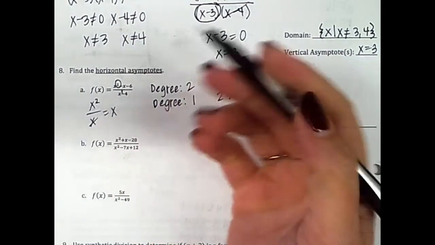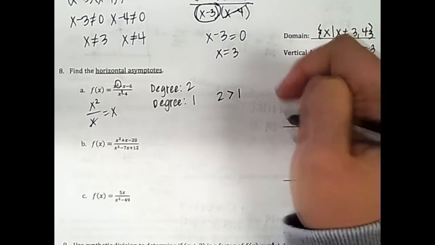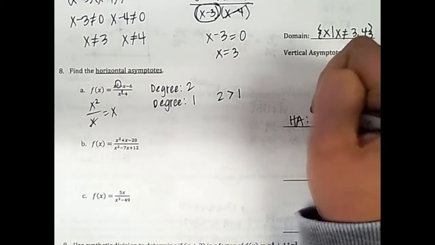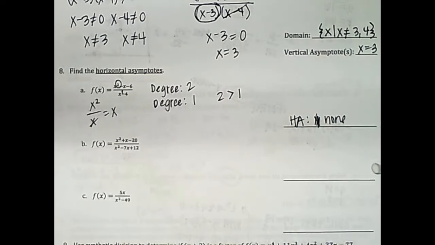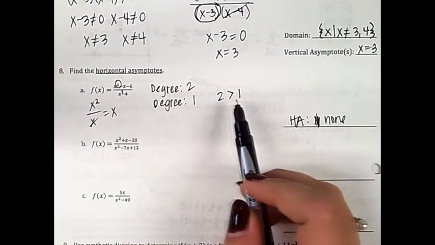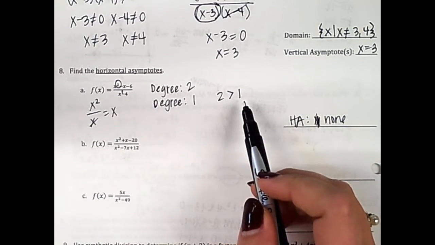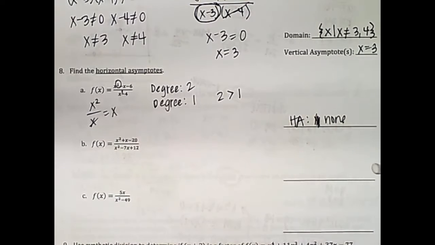And that's like a normal function that doesn't have any horizontal asymptotes, and so that is what we have. Oh, it's not y, it's none. So there are no horizontal asymptotes. So when the degree of the numerator is higher than the degree of the denominator, we don't have a horizontal asymptote.